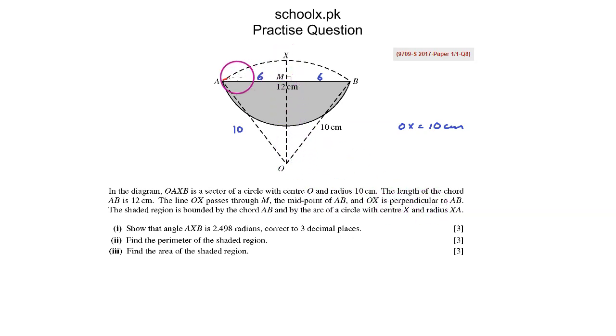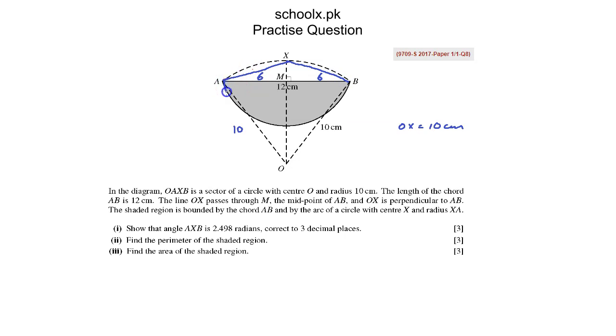Alright, there's a 90-degree angle shown. The shaded region is bounded by the chord AB and by the arc of a circle with center X and radius XA. So this AB is basically the arc of a circle which has its center at X, and hence its radius is XA and XB.